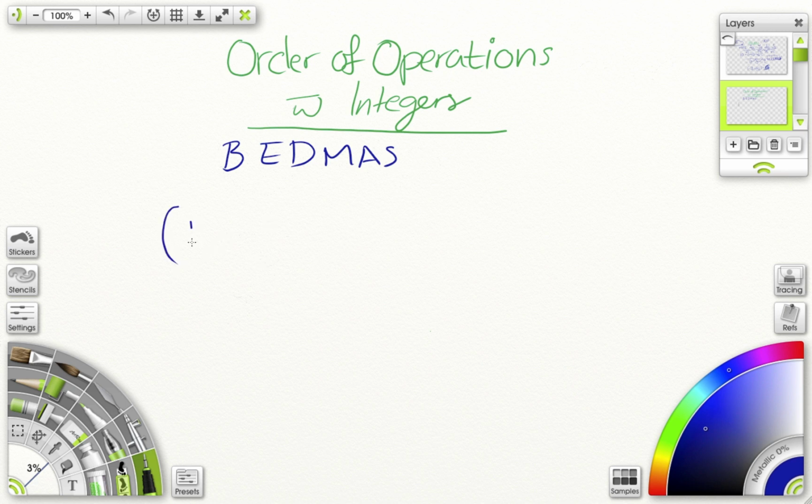Also, when it comes to brackets and integers, you'll often see double brackets, because normally when you write out an integer, it's like -2 in a bracket. When you have a bracket problem that you need to do first, you'll see double brackets. I'll show you what I mean.